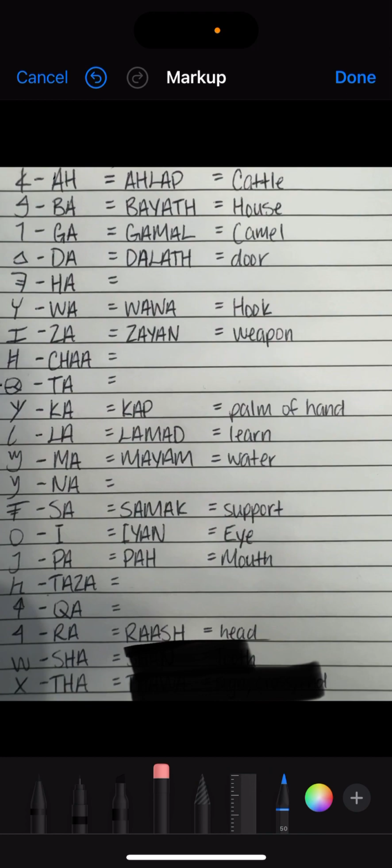The next one that we have is sha, which derives from the word shan, which means tooth.